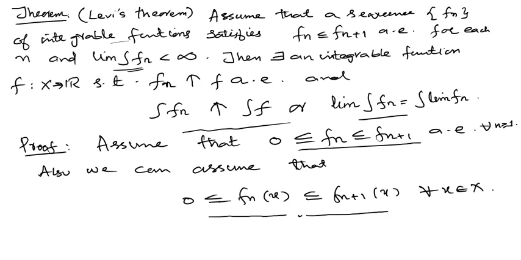Removing the null set makes no difference to integration. Whether you include it or remove it, it's one and the same. First you remove it, so these properties hold everywhere on the remaining set, and you prove the result there. Then in the integration you can include the null set back, because a null set has no effect on integration. Whether you remove the null set or include the null set in your given space, it will not affect our integration. Okay, so we can assume that this property of Fn holds throughout X.